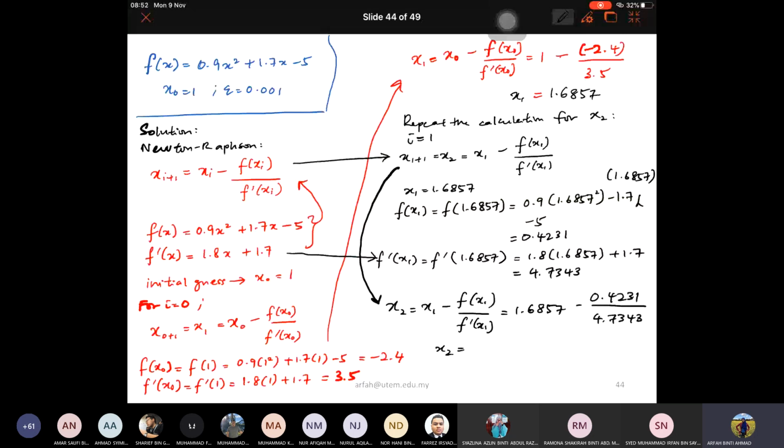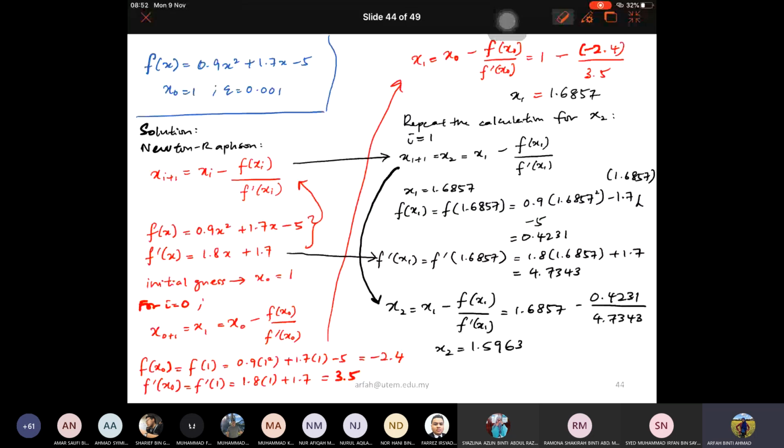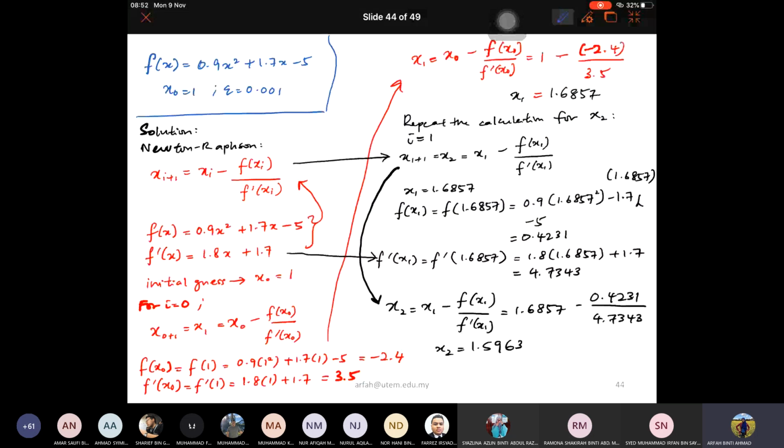1.5963. Okay. So kita dah dapat untuk dua number. Lagi senang kalau awak letakkan semua dalam table. Awak dah dapat this one sebab kita nak tengok error dia juga. You get this one and then you get this one as well. Kita nak tengok dia punya error.